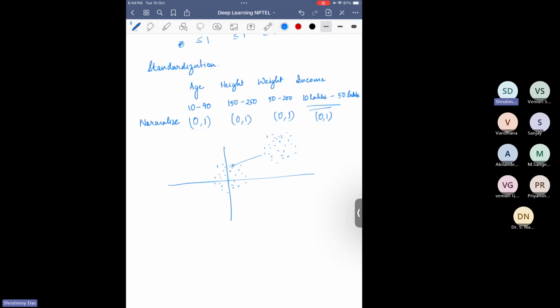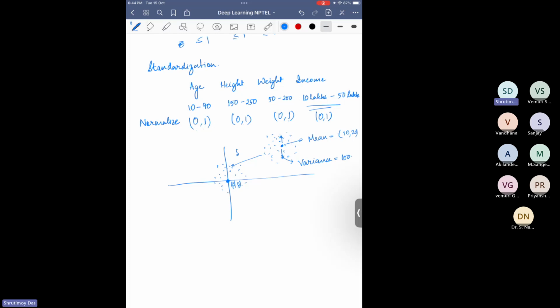Why this is good is that now my features will have a mean of 0. Here the mean was non-zero, say something like 10 and 20, and the spread or the variance is also some large quantity, maybe 100 or something.